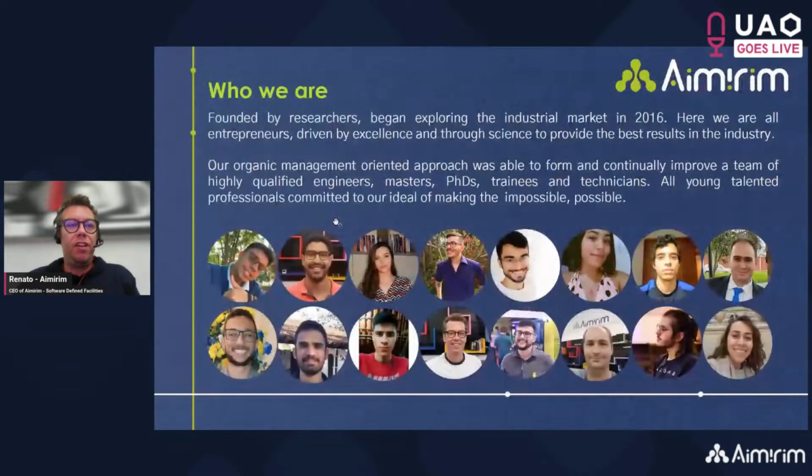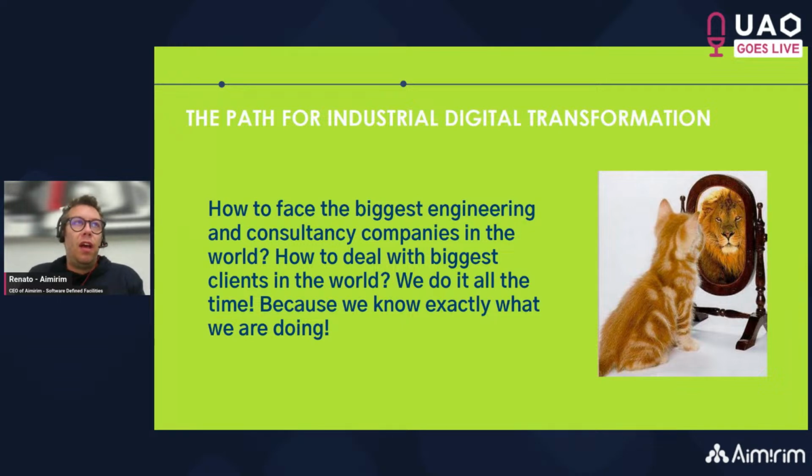So first, we would like to present our company, which is full of young talents because we are a startup and we are committed to our ideal of making the impossible turn into possible, because it seems to be impossible to do this kind of transformation in industries as a startup, but it could be proven to be possible using the 61499, okay?